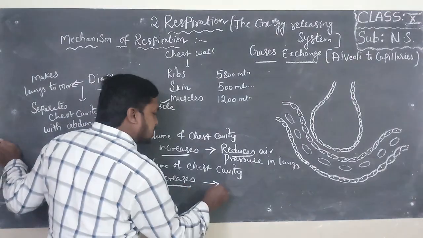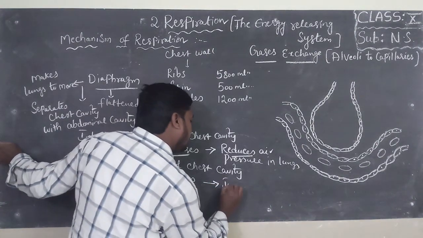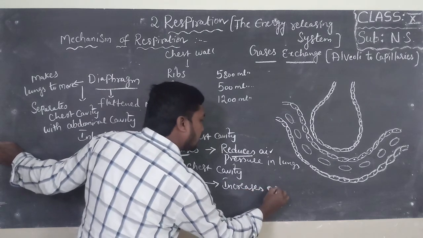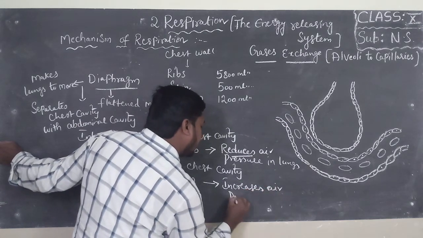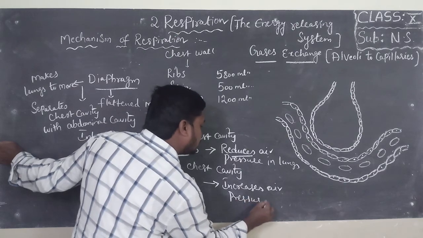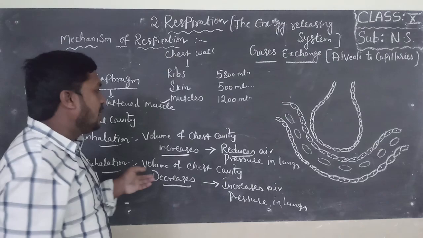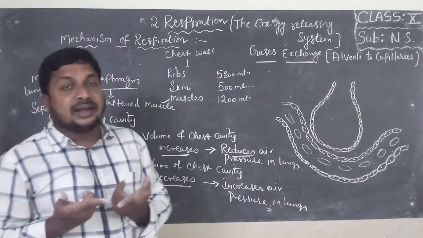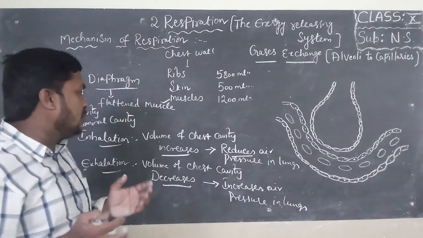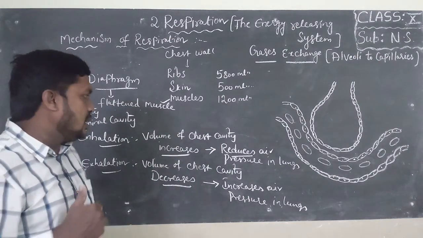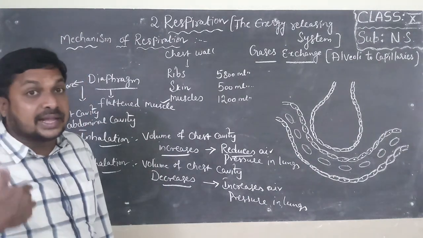When the volume of the chest cavity decreases, the air pressure in the lungs increases.